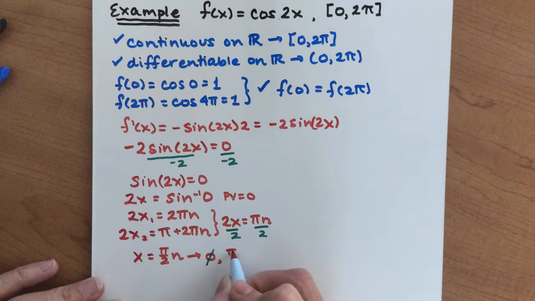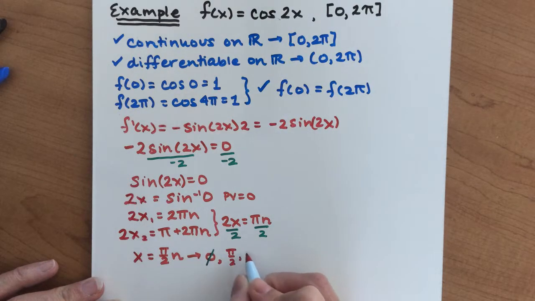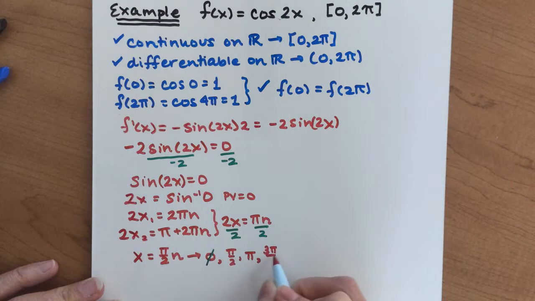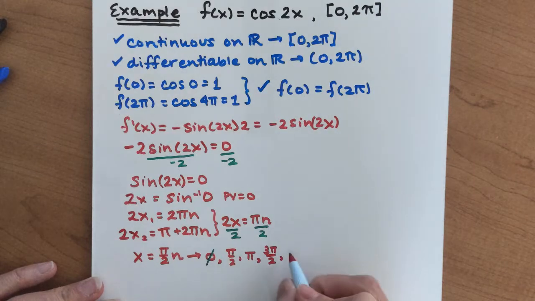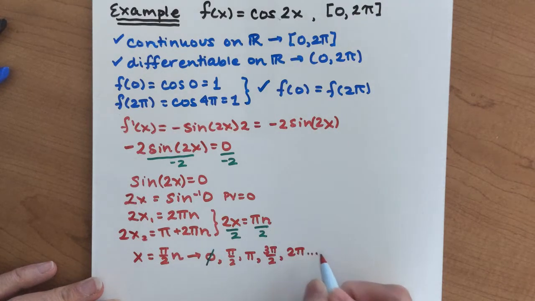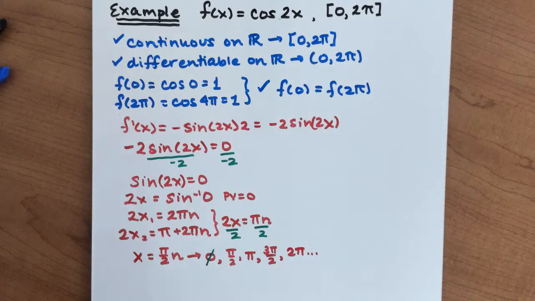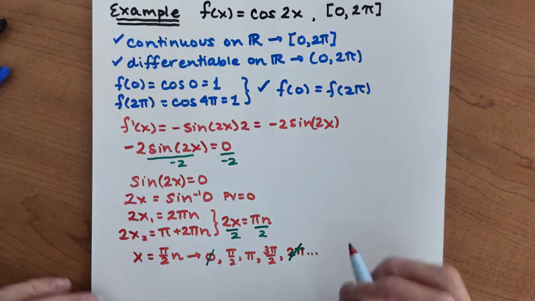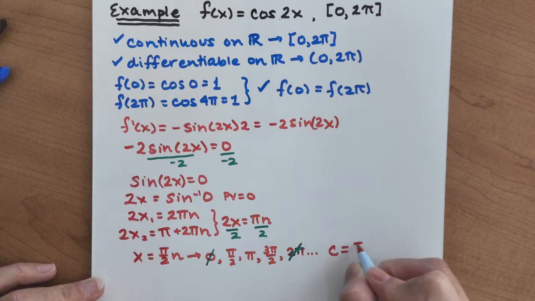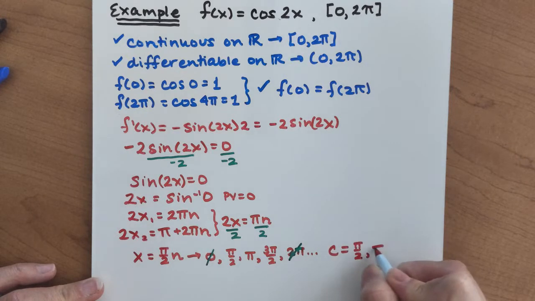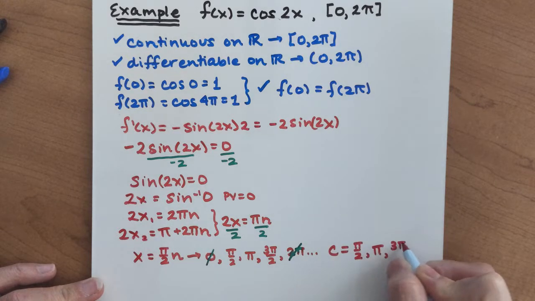Then I'm going to get pi over 2. When n is 2, I get pi. When n is 3, I get 3 pi over 2. When n is 4, I get 2 pi. And so on. That's my upper limit. That is also an endpoint, so I'm not going to count that answer. So my three values are pi over 2, pi, and 3 pi over 2.